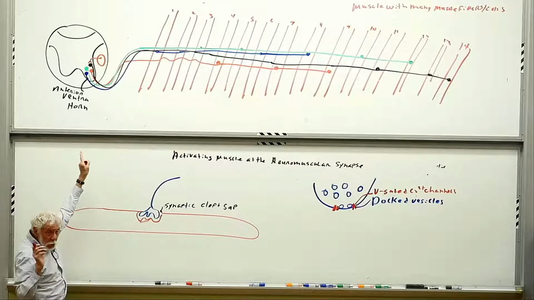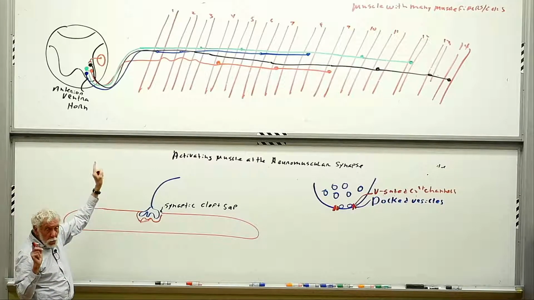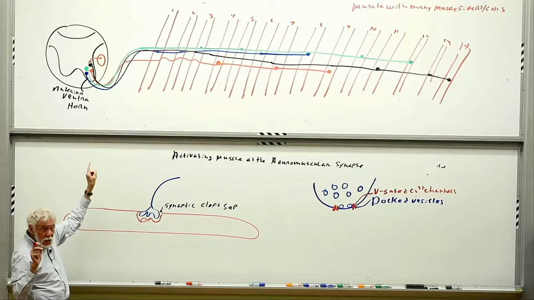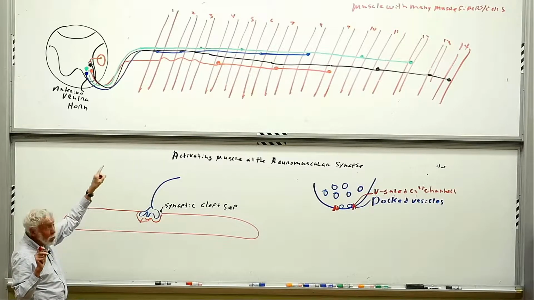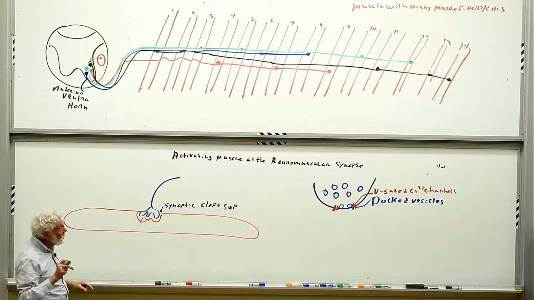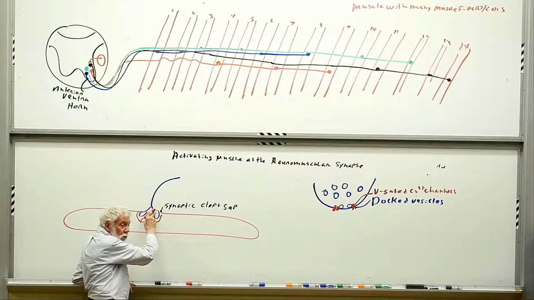Up above, we've initiated an action potential in the ventral horn of the spinal cord. Those action potentials will now propagate into the periphery on those lower motor neurons, and arrive at the axon terminal.